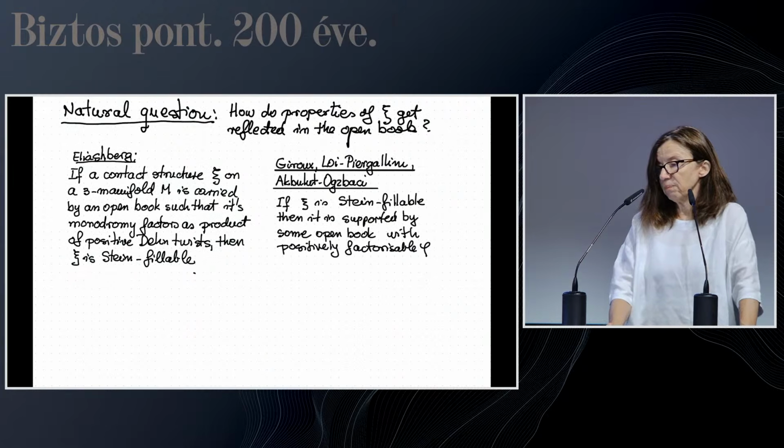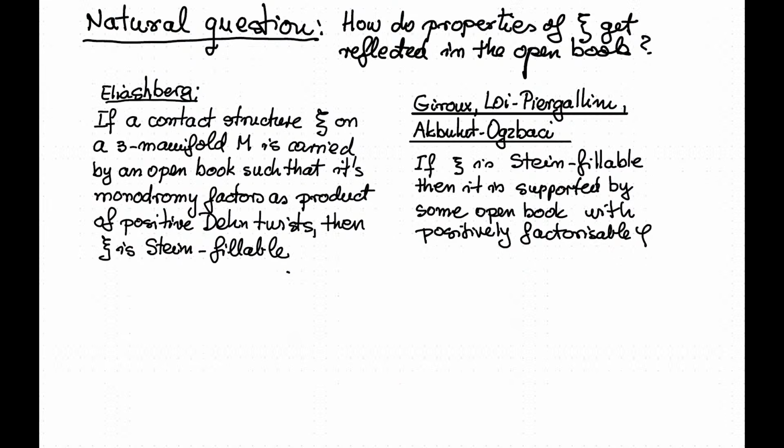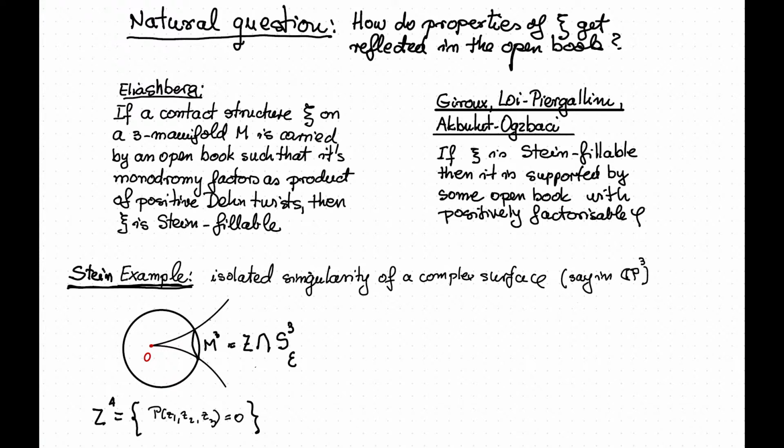Then there is a theorem in the opposite direction by Giroux, Loi-Piergallini and Akbulut-Ozbagci that says that if xi is Stein fillable, then it is supported by some open book with a factorization into positive Dehn twists.